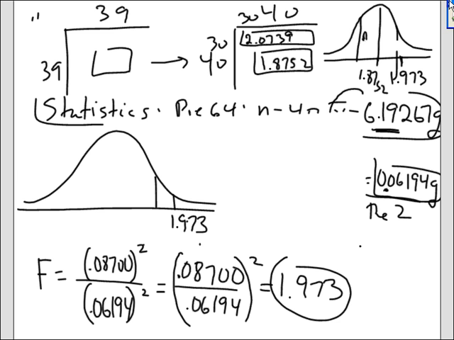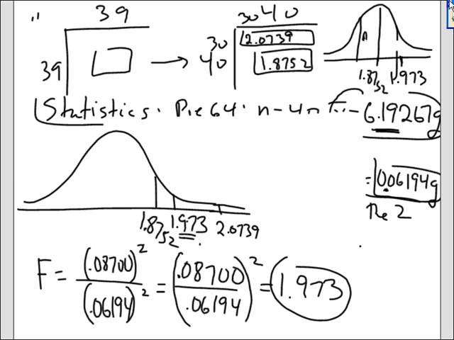Now, 40/40, which is close to 39/39, is to the left. It's 1.8752. And 30/30, which is far away from 39/39, is more than this number. It's 2.0739.